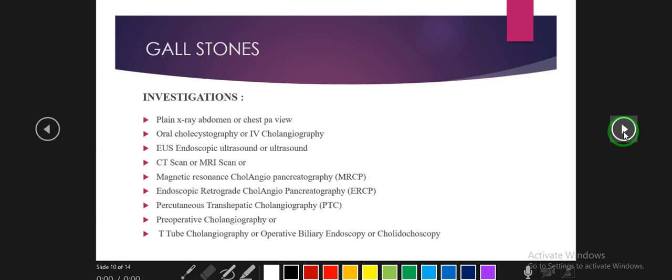So all these are radiological procedures which may be done one or the other depending on the stone, its presence, and the surgeon who wants to diagnose it or confirm it.